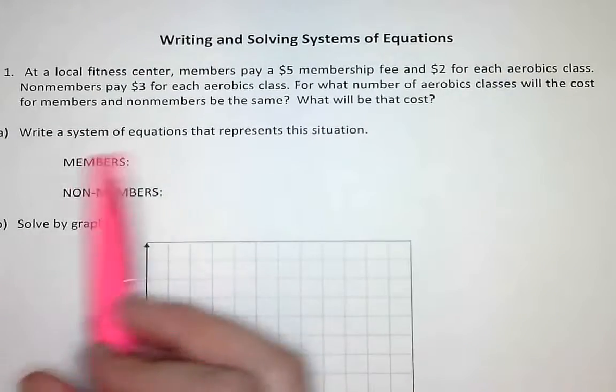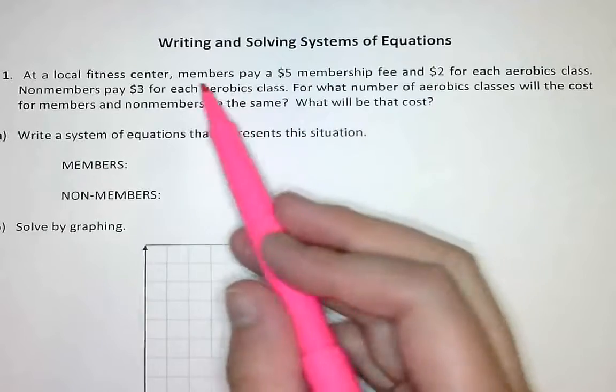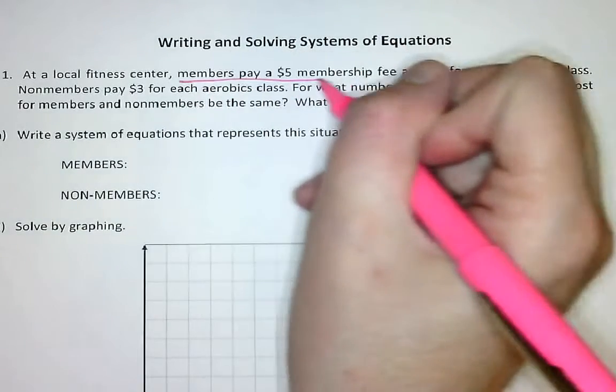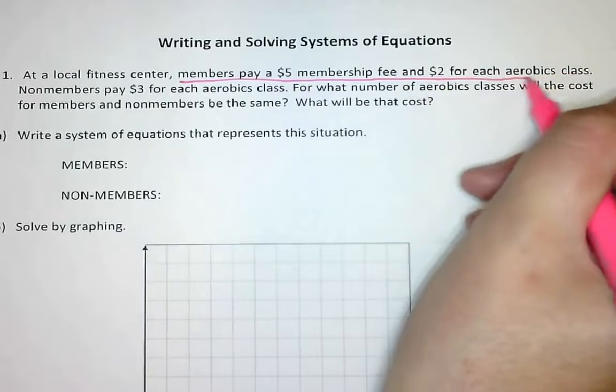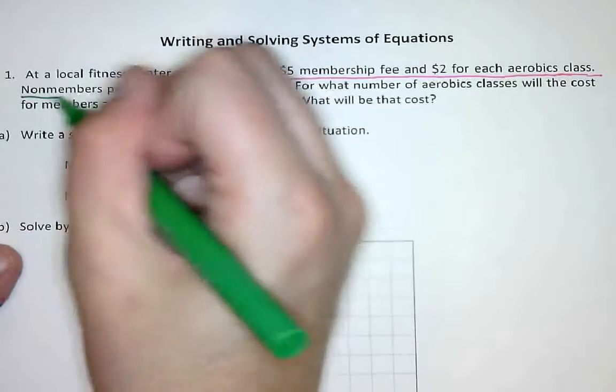At a local fitness center, members pay a $5 membership fee and $2 for each aerobics class. Non-members pay $3. Those non-members, they have to pay more for each class.